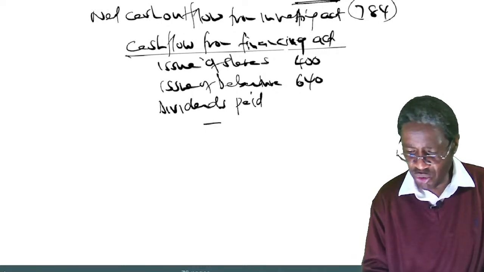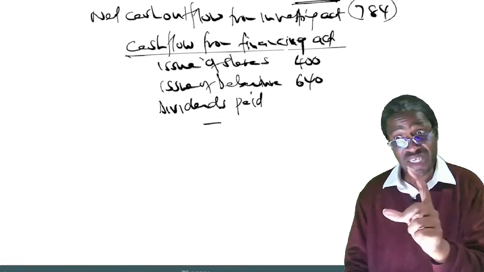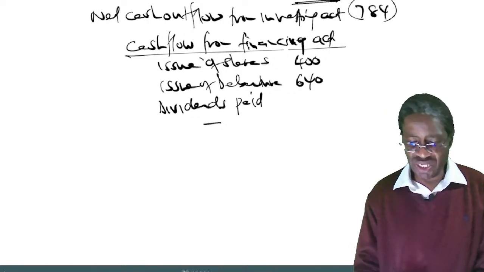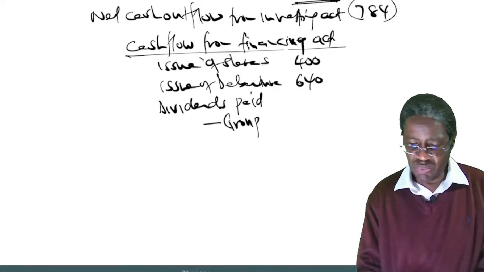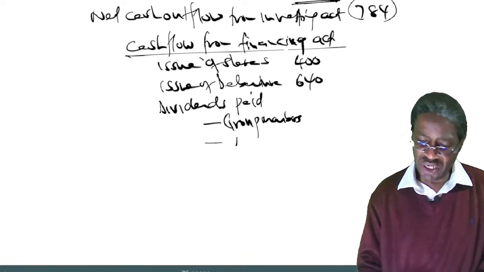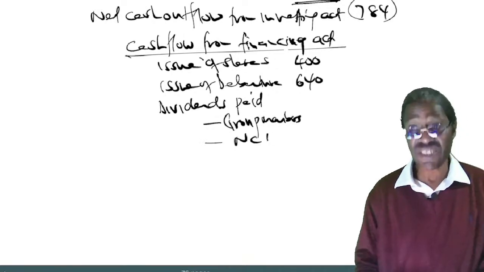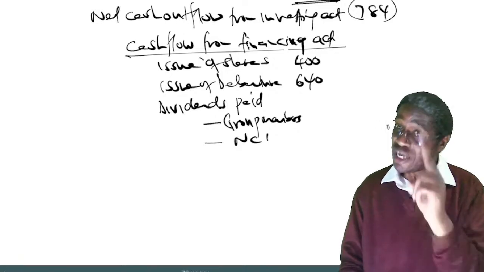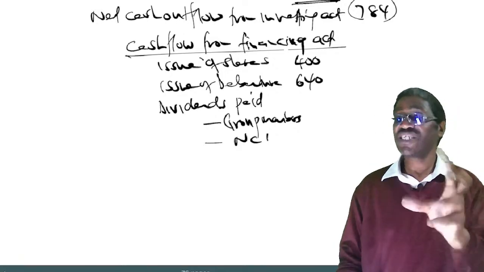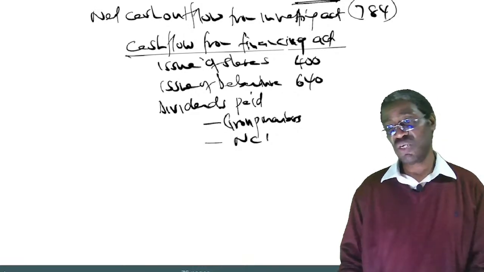I also hope you remember, we said, when it comes to group cash flow statement, there are two categories of dividends. What we pay to the group members and what we pay to the non-controlling interest. Those are the two types of shareholders we had.